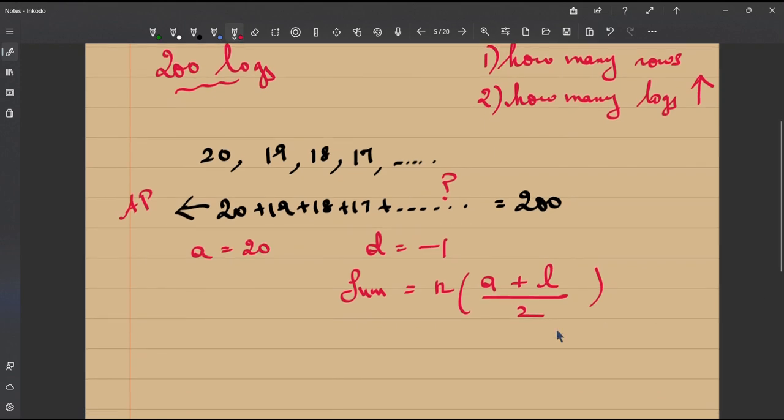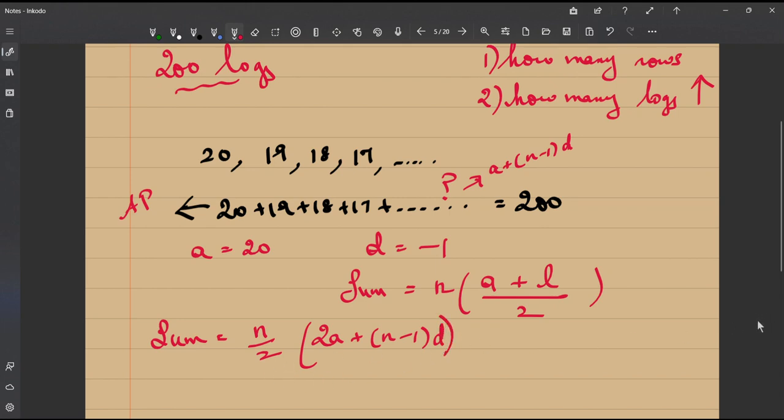Or to put it in a form where we can substitute whatever we know, sum is equal to n by 2 into the first term A plus the last term. The last term would be A plus n minus 1 into d, right?